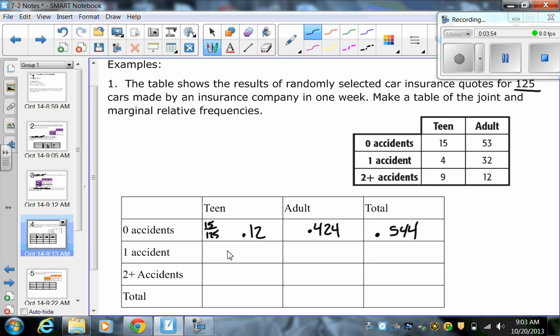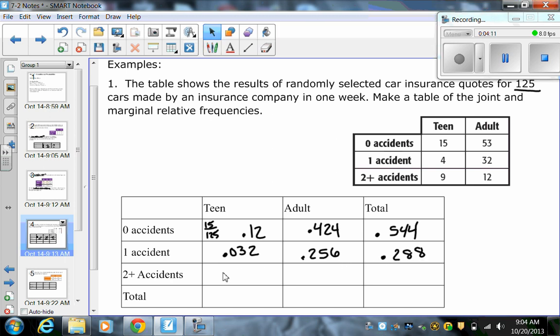For 1 accident of a teen, 4 divided by 125 is 0.032. 32 out of 125 is 0.256. And if I add these up, I get 0.288.